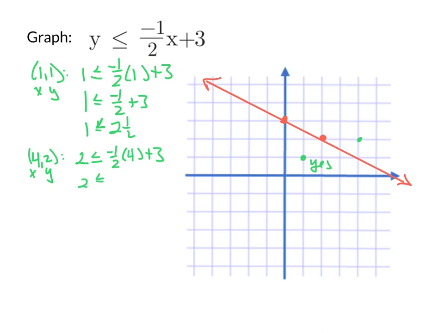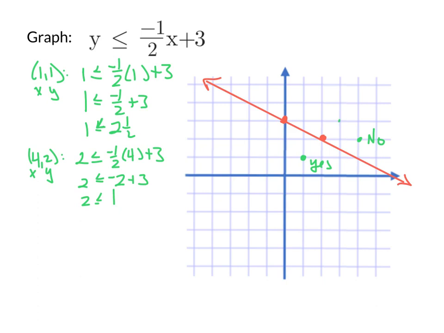So half of 4 is 2. Negative 1/2 of 4 would be negative 2. And negative 2 plus 3 is 1. So is 2 less than or equal to 1? No, it's not.